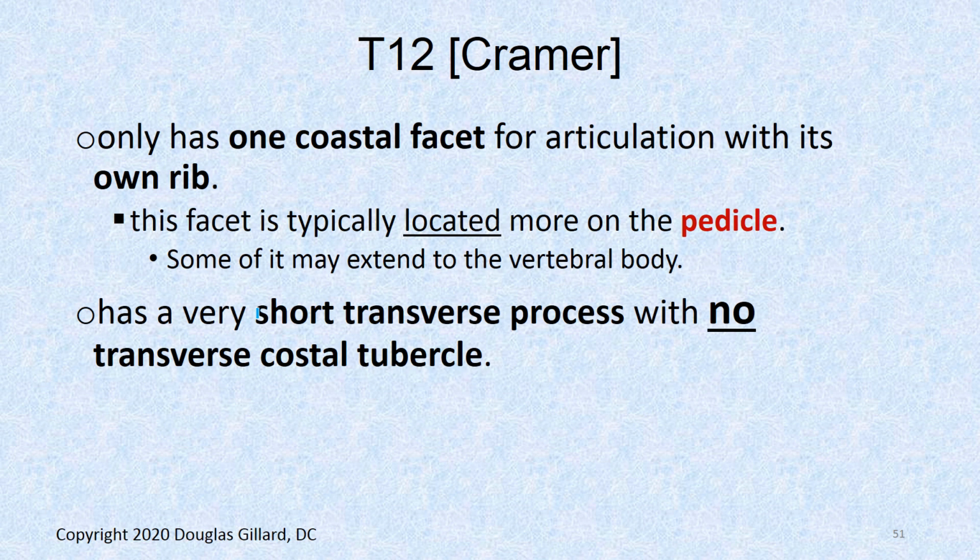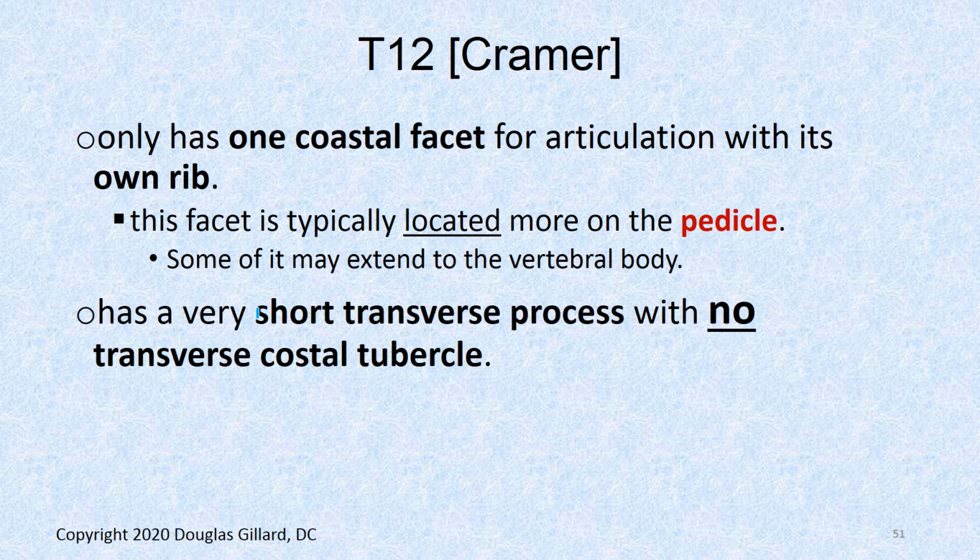Now let's jump all the way down to T12. This only has one costal facet, for articulation with the whole rib, the facet of the rib head. So T12 doesn't share. And another interesting thing is the T12 rib, remember we called that a what? Floating rib.